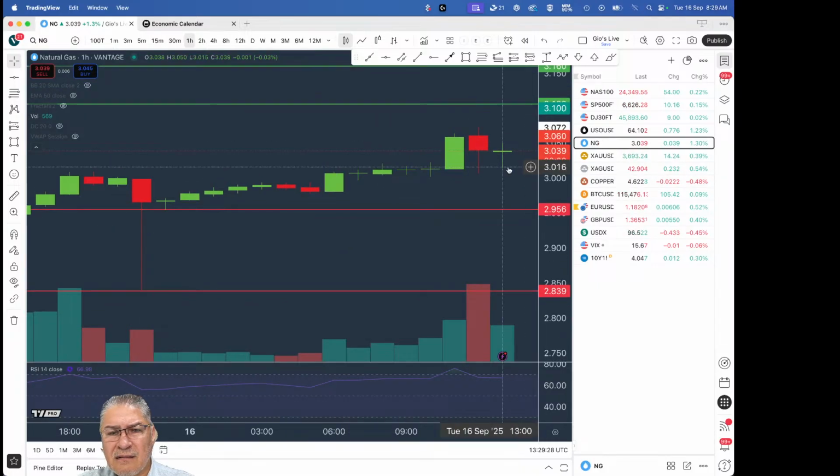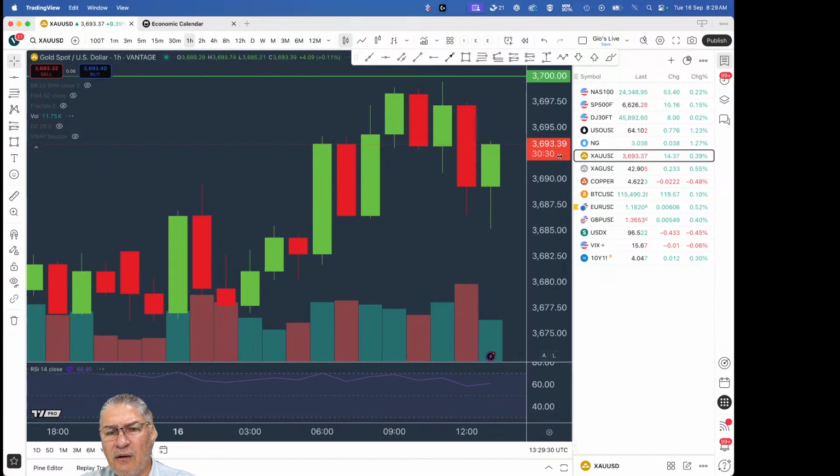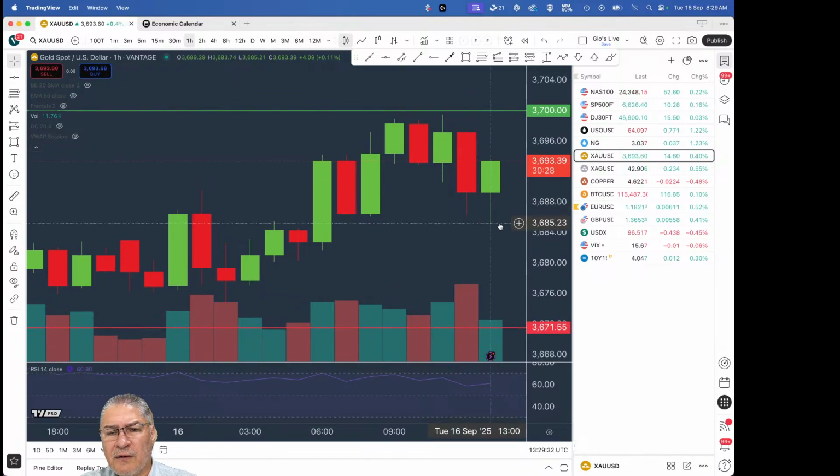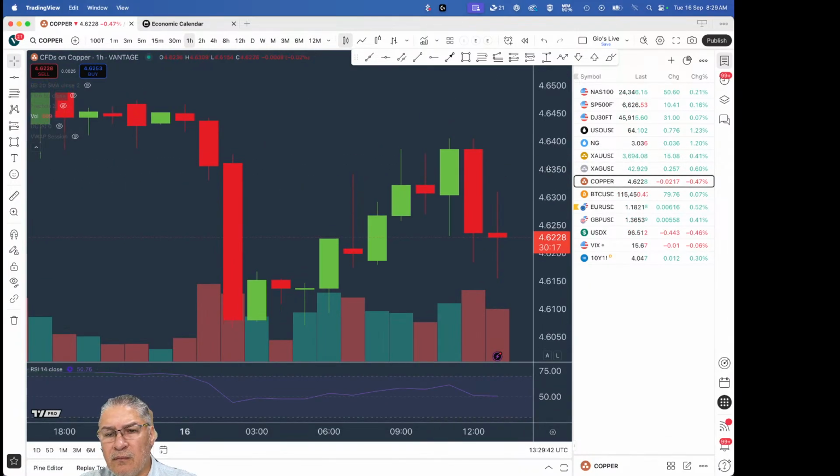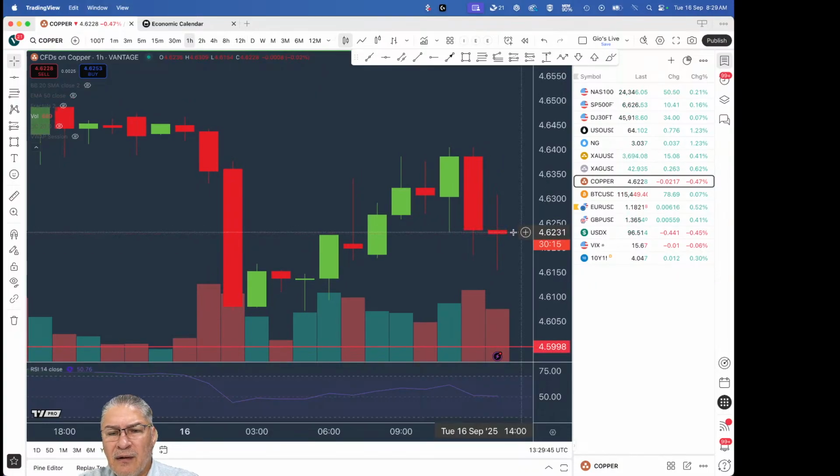Nat gas, basically flattish in this hour. Gold in this hour is in a momentum to the upside, a recovery after making this swing low. Momentum to the upside built, so entering longs. Copper, is it going to recover, or has it already fluctuated to the downside? But basically flattish right now.